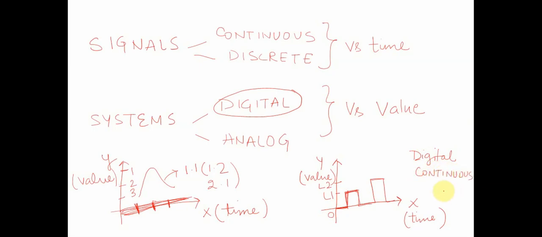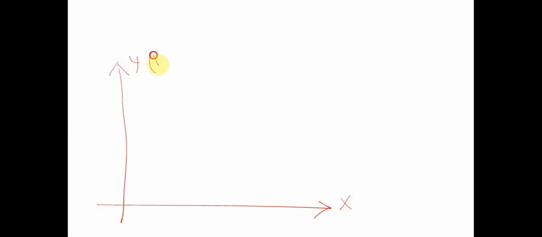And just to talk about this concept a little more, let's draw one more example here. Let's assume this is an x-axis, this is a y-axis, this is value, this is time. Let's draw an example and see what kind of signal and system it is.